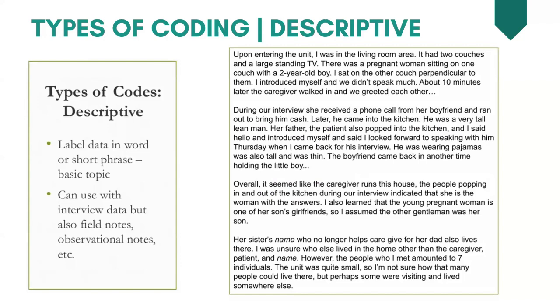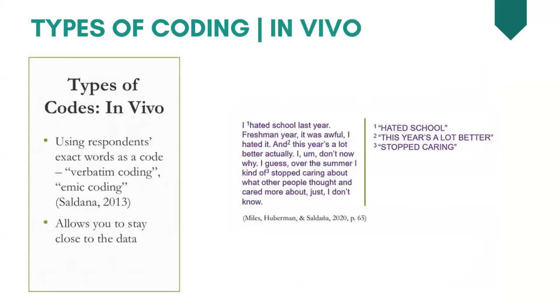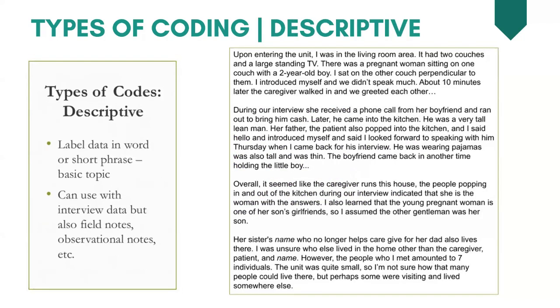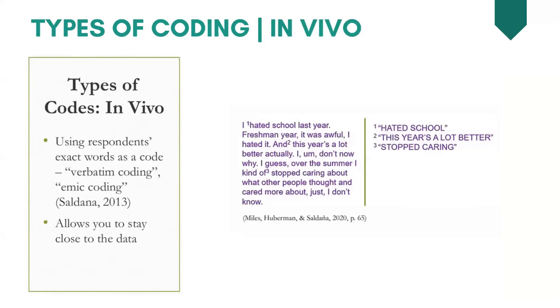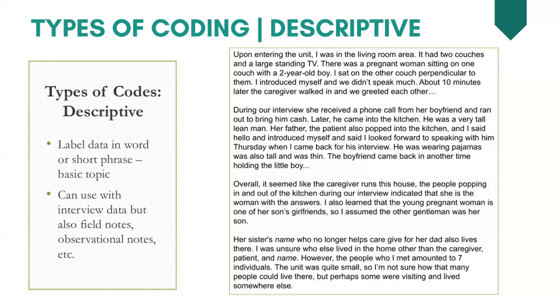So when I'm talking about dissatisfaction, because that would be the broad descriptive topic, I still want to make sure that my very specific narrative, hated school, stopped caring, is going to stand out in that category.